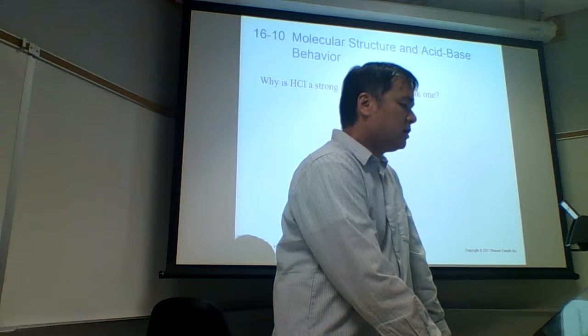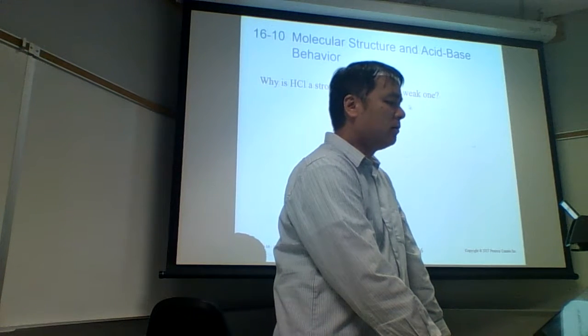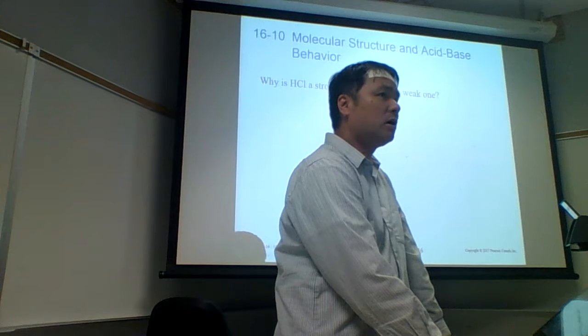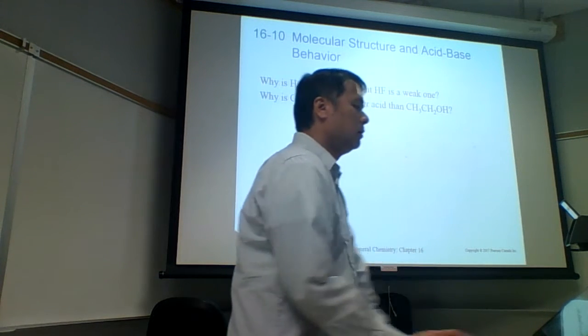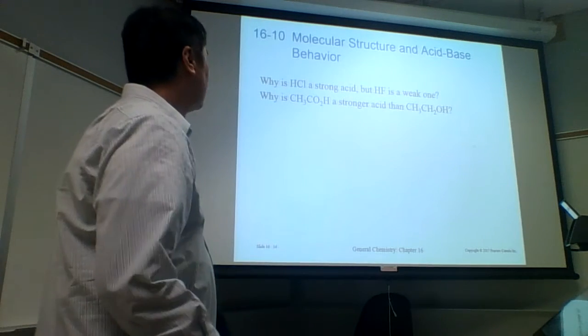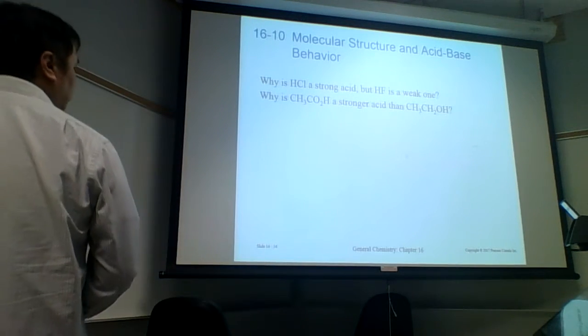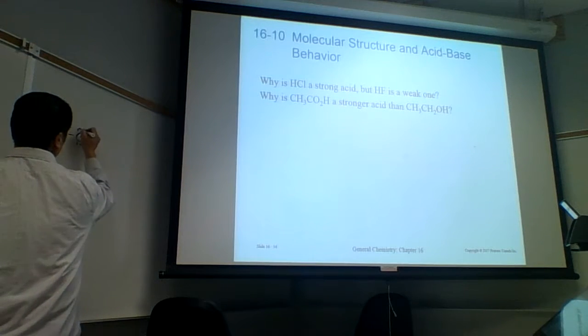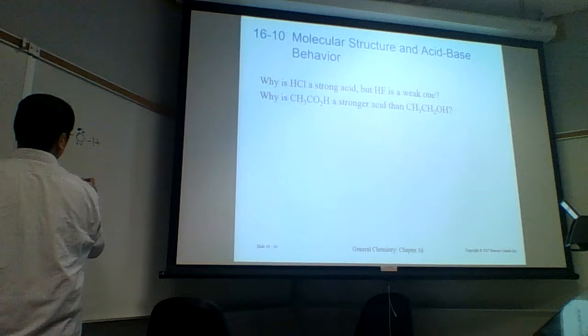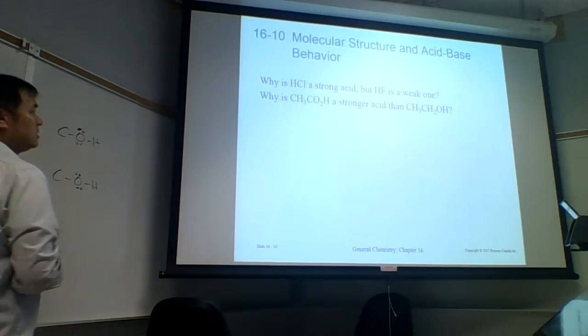And so we know HF should be weaker because it has a stronger bond. Polarity contradicts this. Polarity says HF should be stronger because it's more polar, but we know that bond strength is most important. Okay, here the bond strengths are the same because they're both O-H bonds.